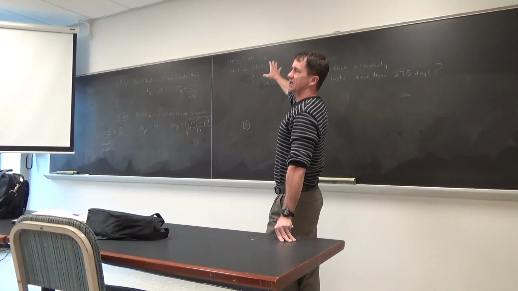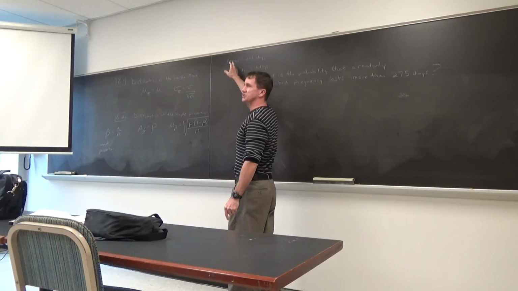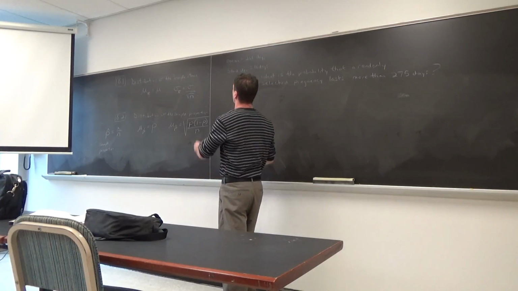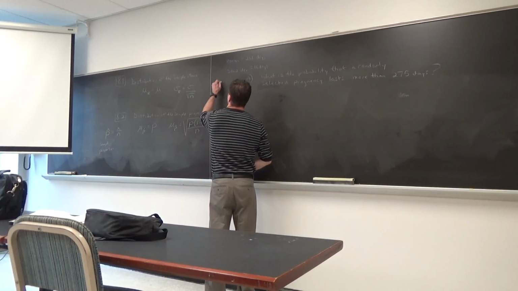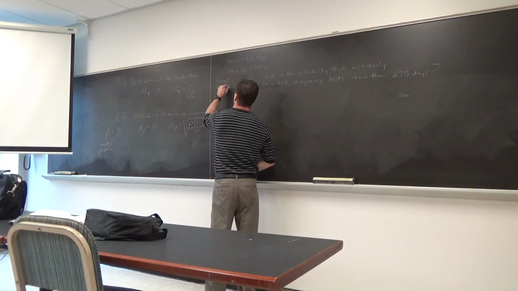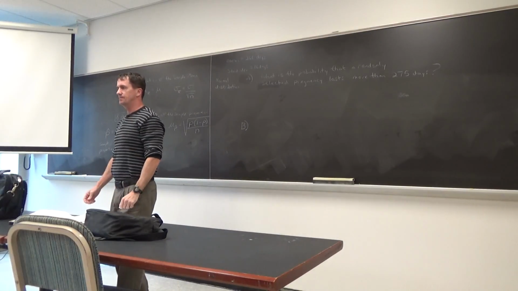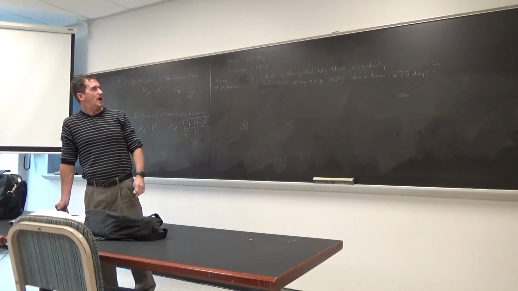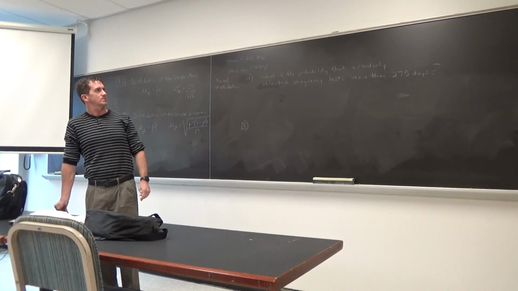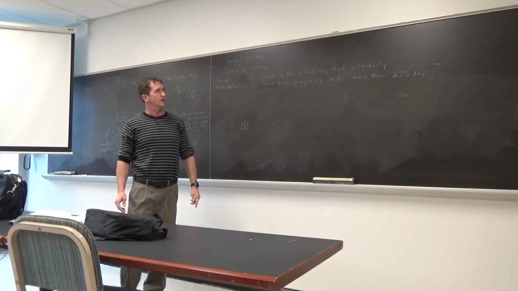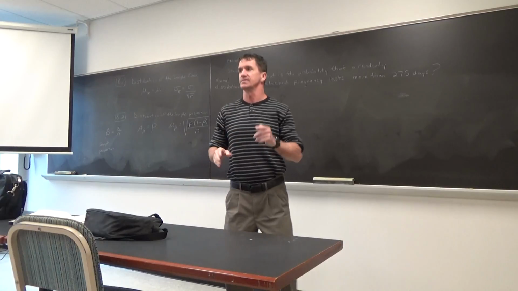It's dealing with the gestation period, which is already normally distributed. So it is a normal distribution, and we do know it's bell-shaped, as we worked before. We're looking at this question: what's the probability that a randomly selected pregnancy lasts more than 275 days?